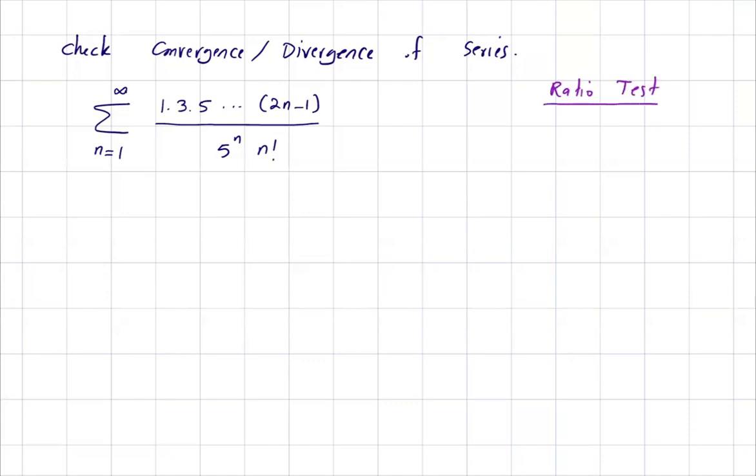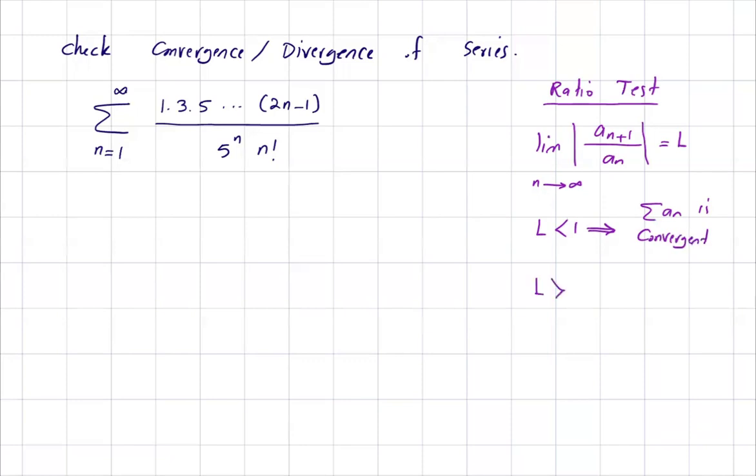The ratio test says if you take the limit of the absolute value of a_(n+1) over a_n as n goes to infinity, and this is equal to L: if L is less than 1, you have an absolutely convergent series, so the series is convergent.